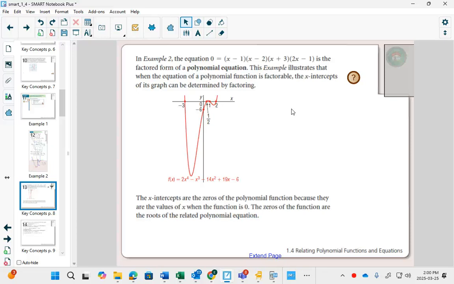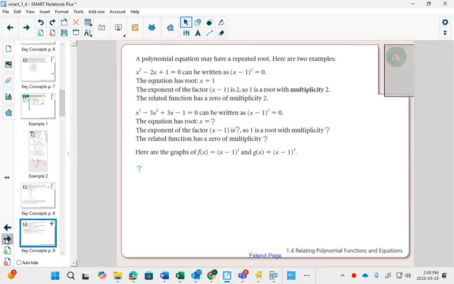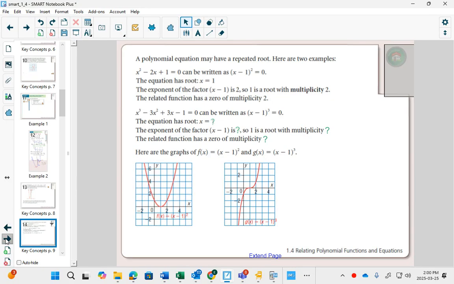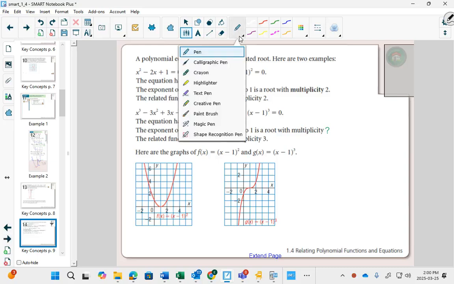So if you turn to page 44, and let's see, my notes are a little bit different than yours, but we can highlight.